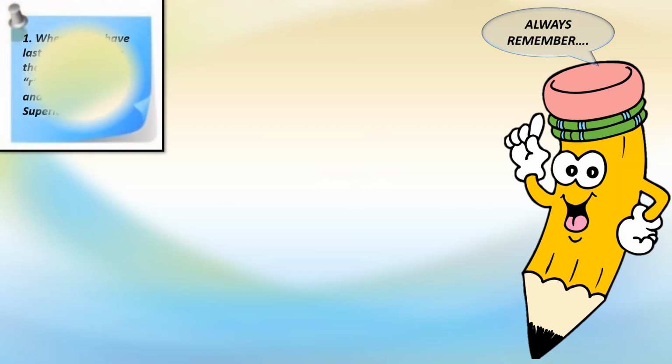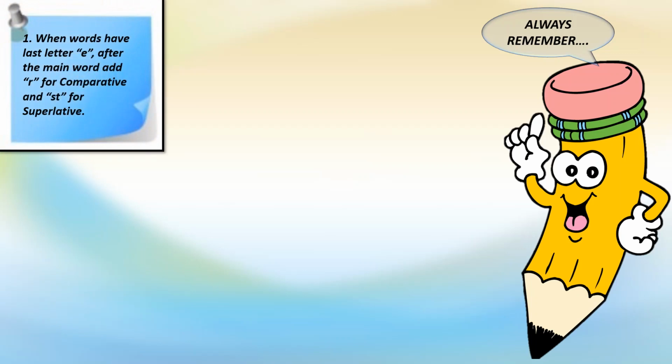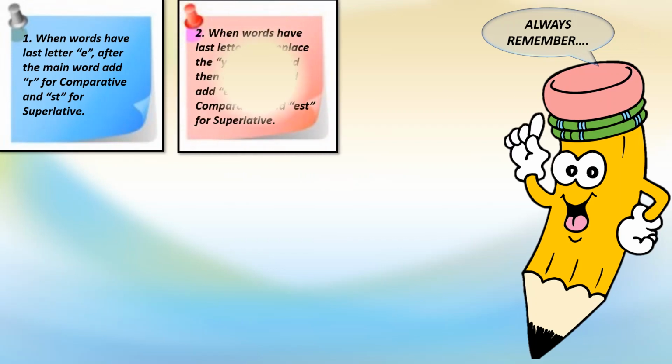Rule number 1 says that when you have adjectives whose last letter is E, then to make it comparative, you will add R after the adjective, and to make it superlative, you will add ST after the adjective.